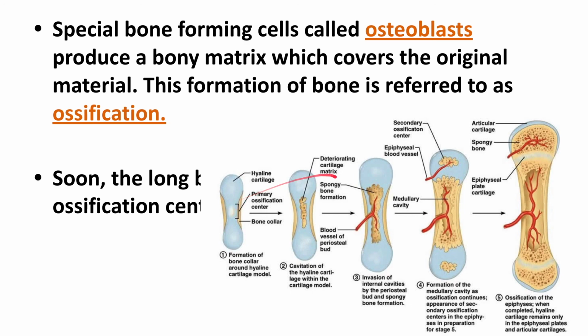And if we move on to this next one, we see that this deteriorating cartilage matrix, which I mentioned before, is that breakdown of that cartilage matrix as it develops. And so that breakdown, plus now the innervation or the bringing of blood supply to that breaking down matrix, allows for those osteoblasts to take root and start creating what's now actually spongy bone in place of that internal cartilage.